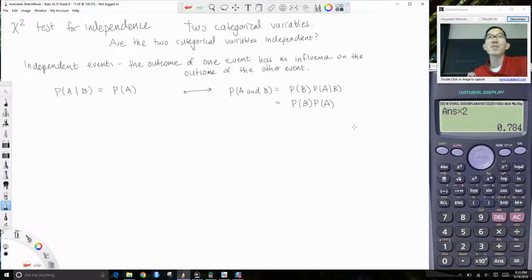Maybe we remember this. It sounds kind of familiar now that I see it up here again. Okay, so we're going to basically use this principle to get our expected values if the two variables were independent.